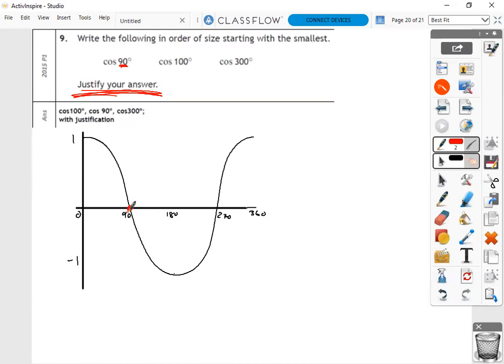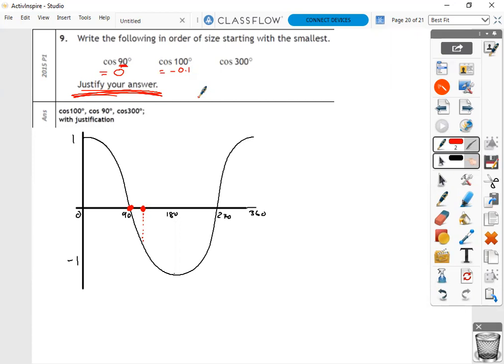Write the following in order of size. Cos 90 equals 0. Cos 100 is slightly along to the right. Your scale doesn't have to be perfect, but you can see cos 100 would be negative something, negative 0.1. Let's leave it at that, we don't need any more detail.